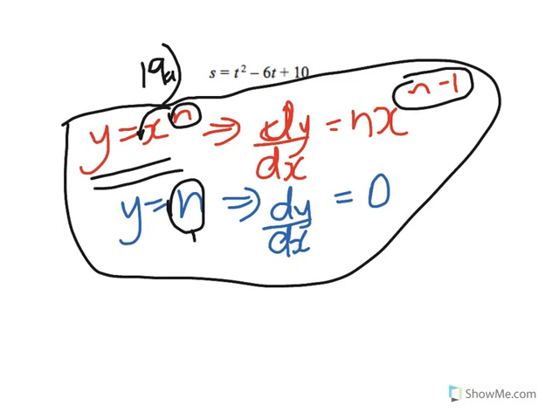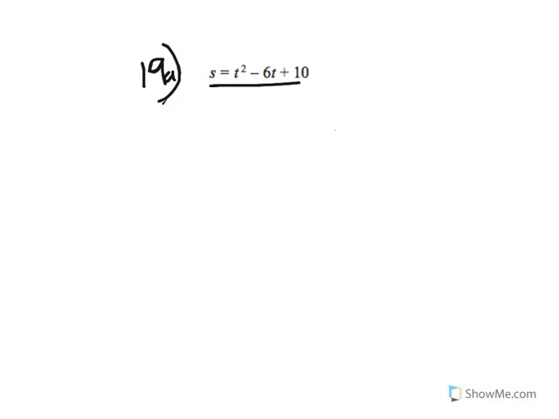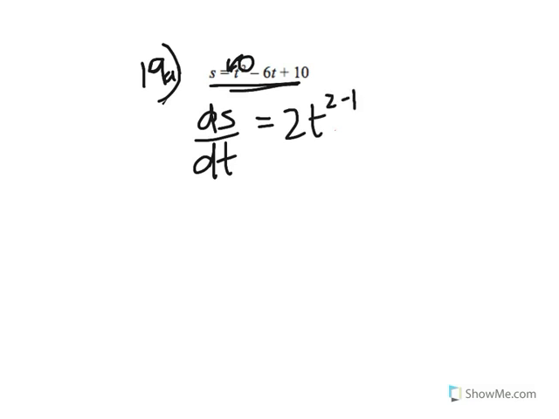So now knowing this, let's differentiate this equation with respect to time. So ds over dt is equal to, now this moves down, right? It gets multiplied by t, so 2t, and it gets subtracted by 1, so 2 minus 1, minus 6t to the power of 1, right? So 1 moves down, it gets multiplied by negative 6, so it becomes minus 6, and t to the power of 1 minus 1, plus 10.